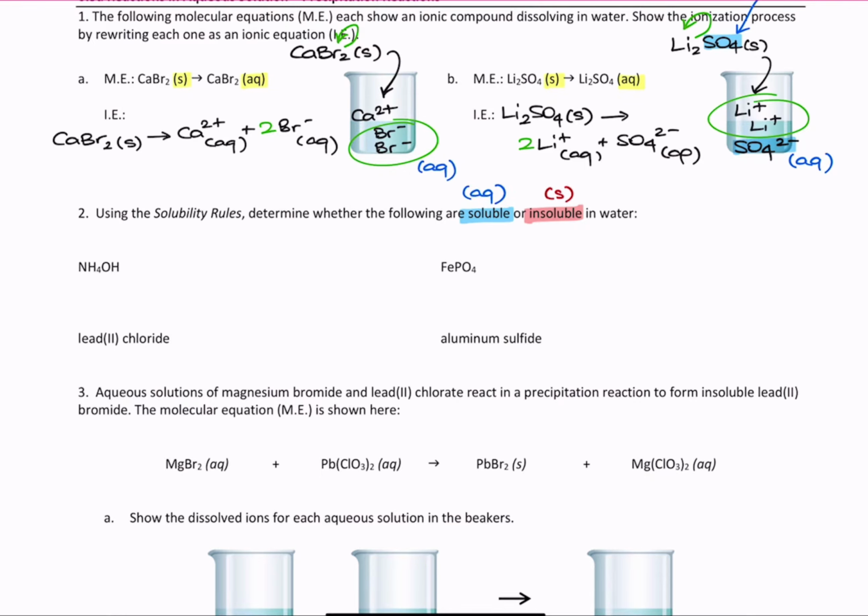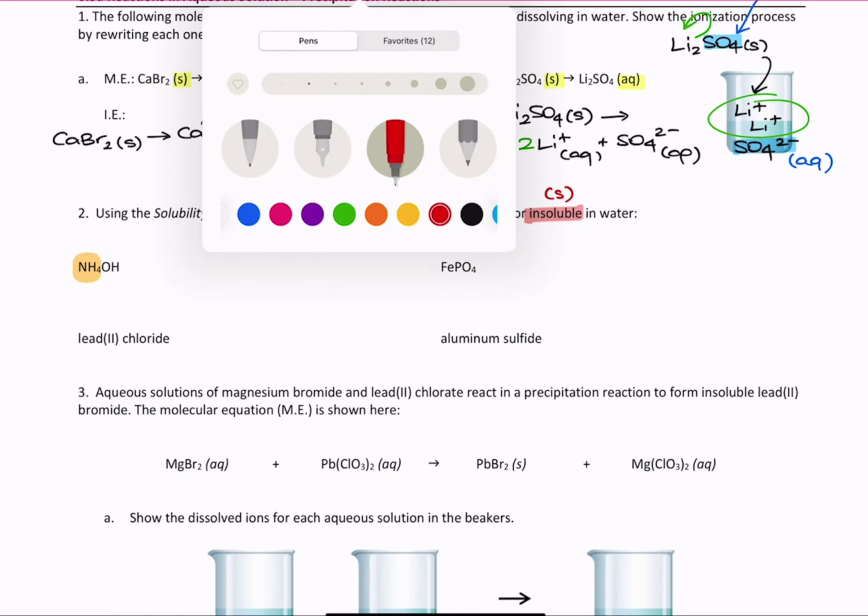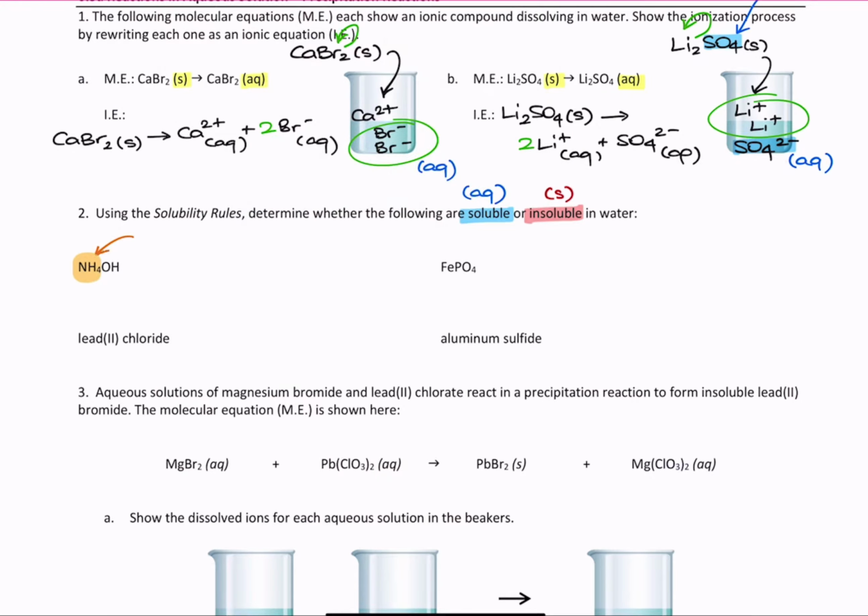Okay, so let's take a look. Ammonium hydroxide. In ammonium hydroxide, we have the ion ammonium. When ammonium is present, look at your rule, the presence of ammonium makes the compound soluble. Therefore, aqueous.